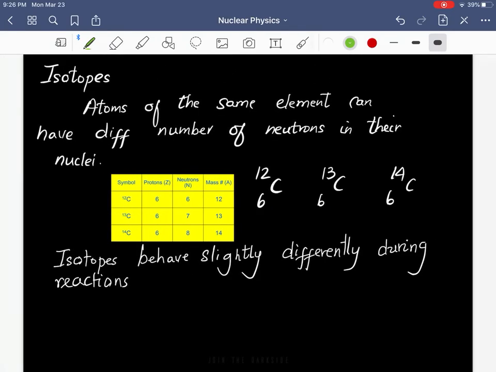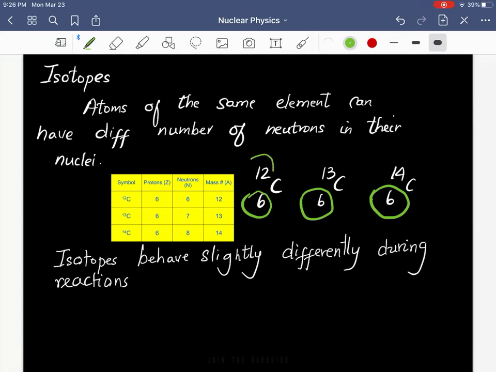Okay, now the next topic is isotopes. What are isotopes? Atoms of the same element can have different numbers of neutrons in their nuclei. Suppose you take carbon, which can exist in 3 different isotopic forms. As you can see here, all of these carbons have exactly the same atomic number, which means they have exactly the same number of protons and the same number of electrons.